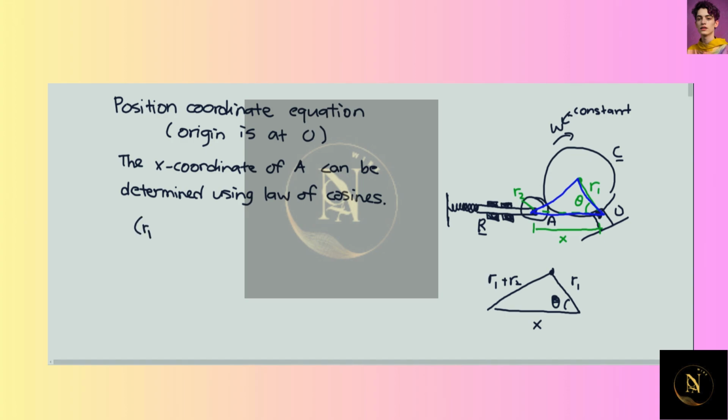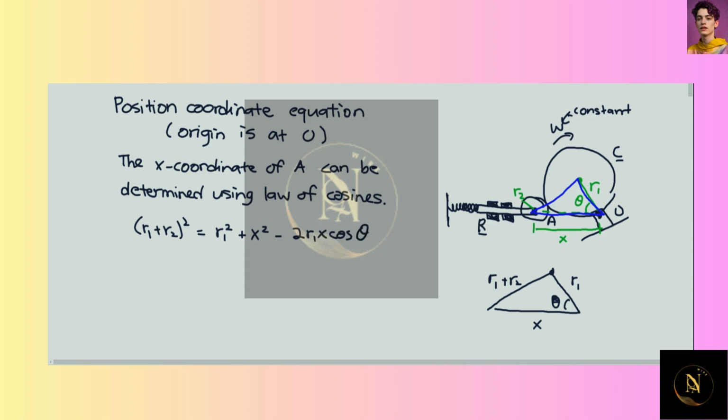The law of cosines says that (r1 plus r2) squared equals r1 squared plus x squared minus 2 r1 x cosine theta.